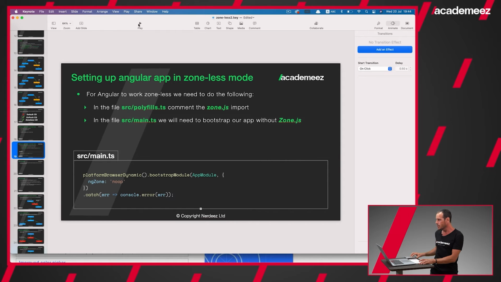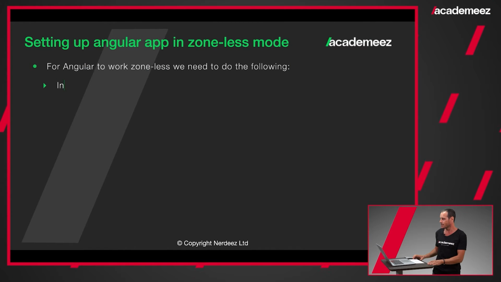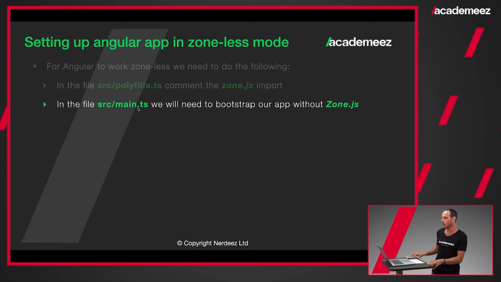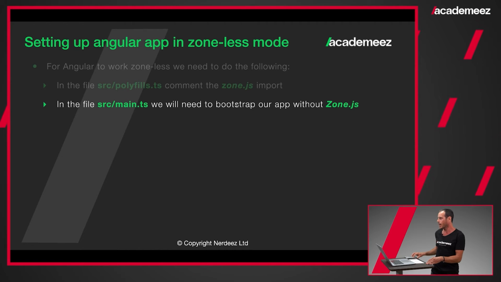So basically, to summarize this exercise, what you need to do to make your Angular work without Zone.js is go to the file source polyfills and comment the Zone.js import. This is the first step that we did. And then to work zoneless, you need to tell Angular to not work with zones by going to the main.ts file and bootstrapping our app without Zone.js.